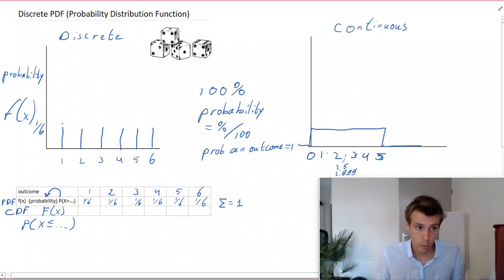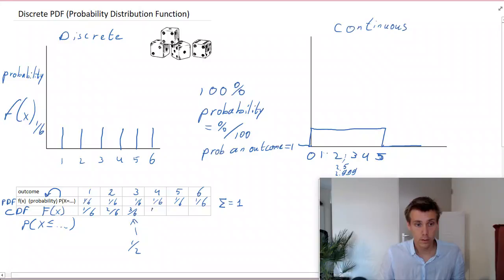So 1 or lower will be exactly 1/6. But a 2 or lower, now you can throw 1 or 2. So it will be 2/6. A 3 or lower, you can throw 1, 2 or 3. So 3/6. Of course, it's the same as half.